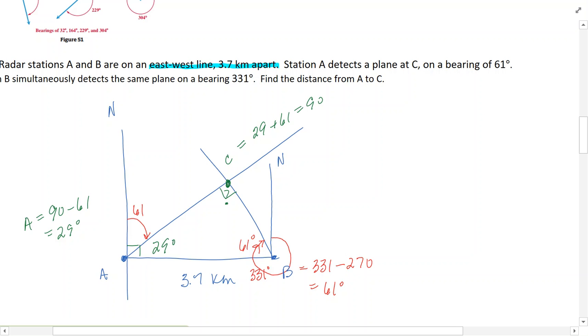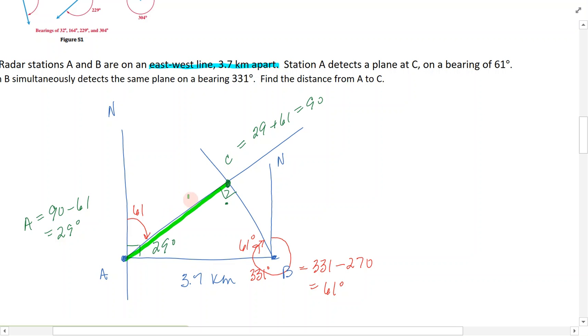We want to identify what is the length, right? What is this distance here from A to B? I'm going to use some trigonometry because I know already that I have a side here. If you're looking at this triangle, you can identify that the known length that we have, this 3.7 kilometers, is across from the largest angle, meaning it's going to be the hypotenuse.